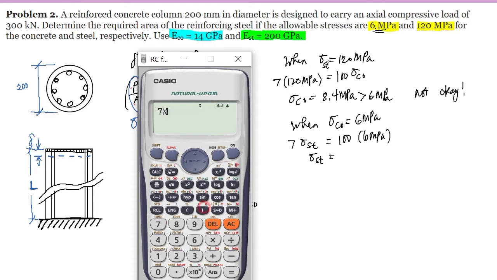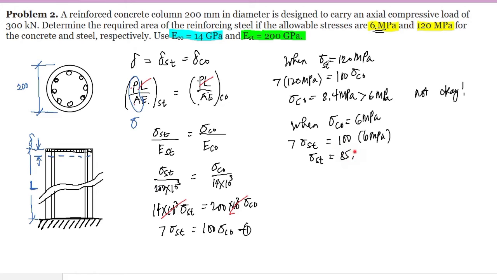So 7x is equal to 600. Shift, solve, equals, and we have 85.71 MPa. As you can see, this is less than the allowable 120 MPa. So meaning this is okay.